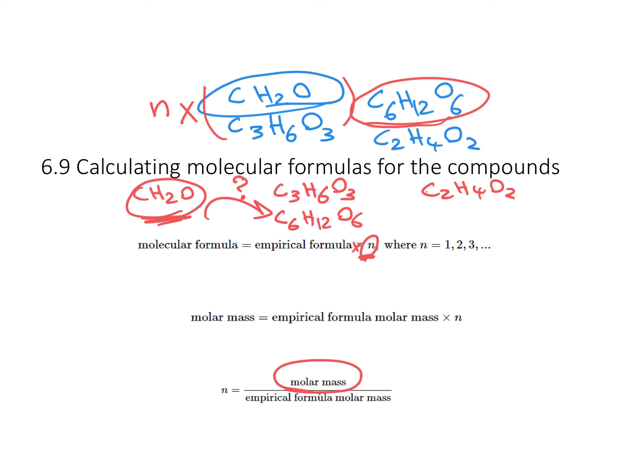And from the empirical formula that you find by the method that I taught you, you can find the molar mass of your empirical formula. So if you divide those numbers, you can find that n. Does that make sense?